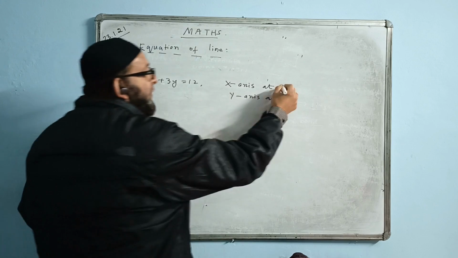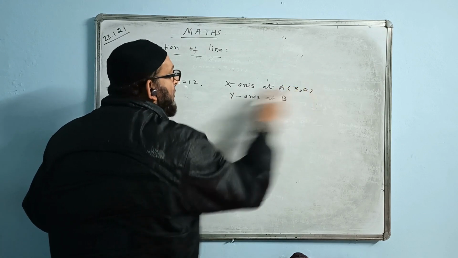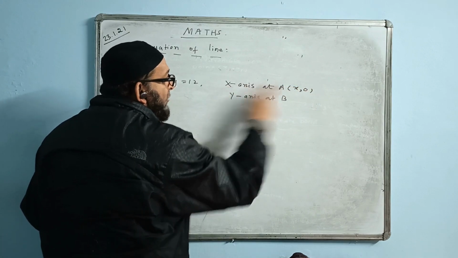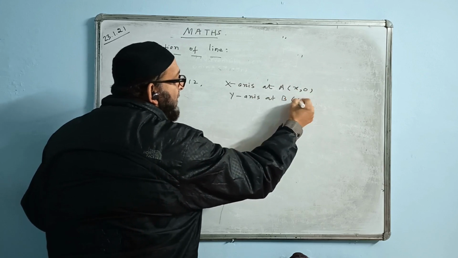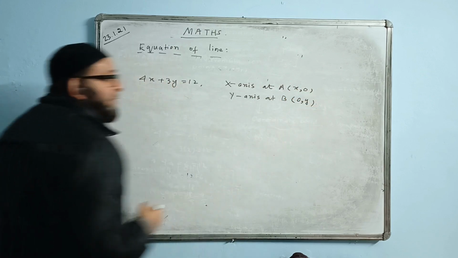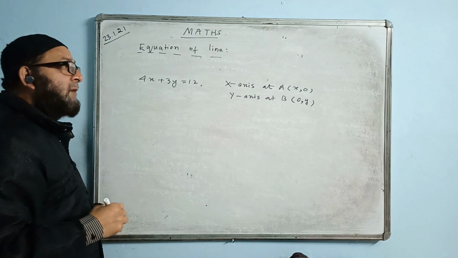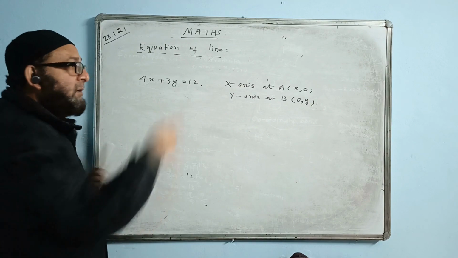How to find the coordinates of A and B? We will take the coordinates of A as (x, 0) because this is a point on the x-axis. The y coordinate will be 0, and point B we will take as (0, y). This time the x coordinate will be 0 and the y coordinate will be y.